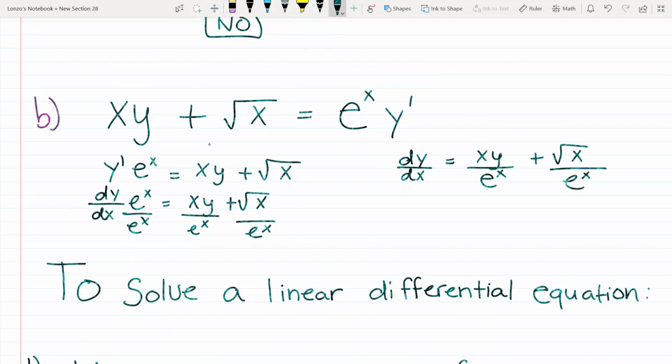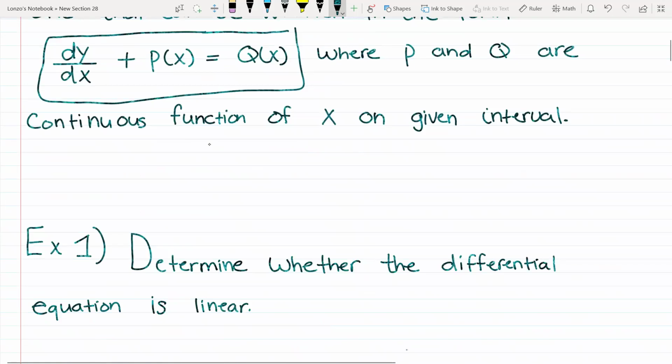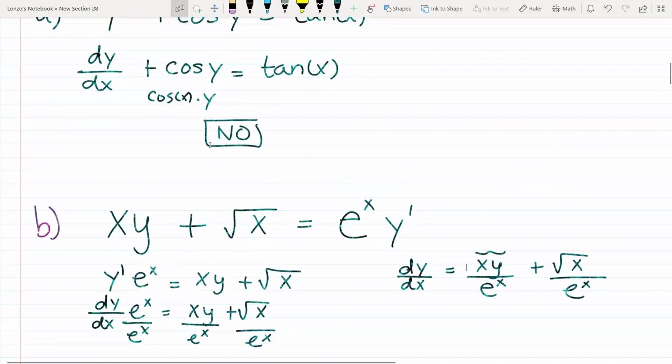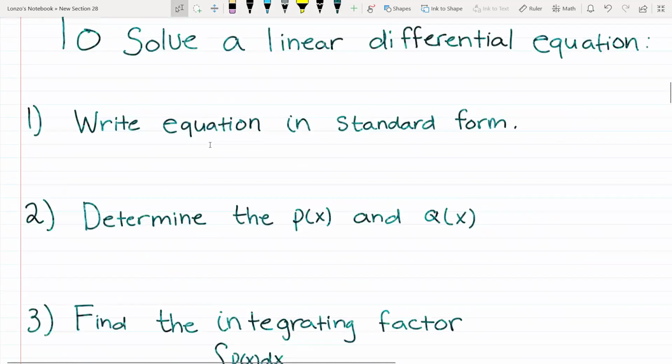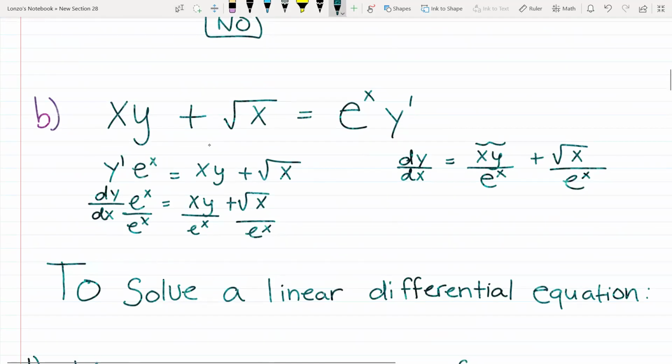Then what do I do next? I want to move this to the left, so I'm going to subtract x y over e to the x.